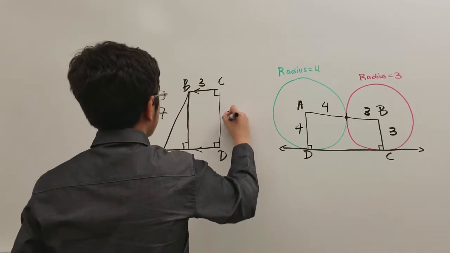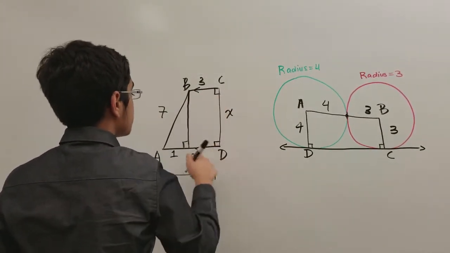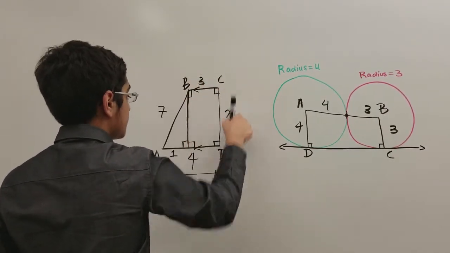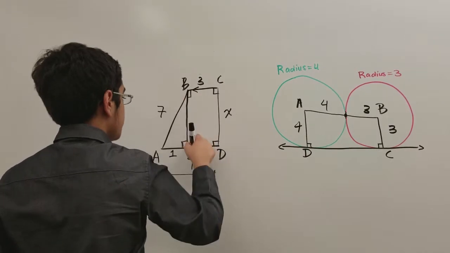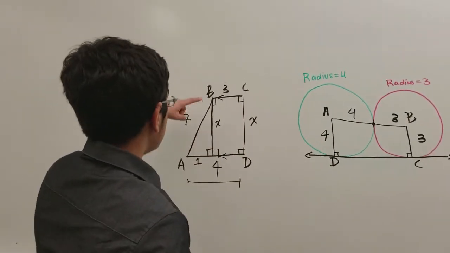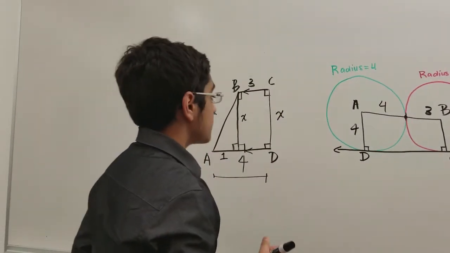Call it x. And since we have 2 right angles here and 2 parallel sides, this must be a rectangle, which means that CD is x, but also this length is also x. So now we have a right triangle with legs length 1 and x, and the hypotenuse is length 7.